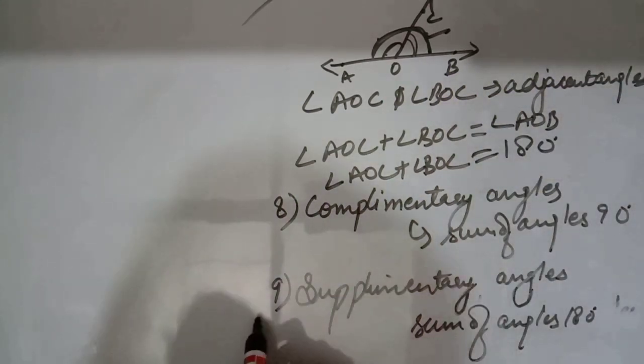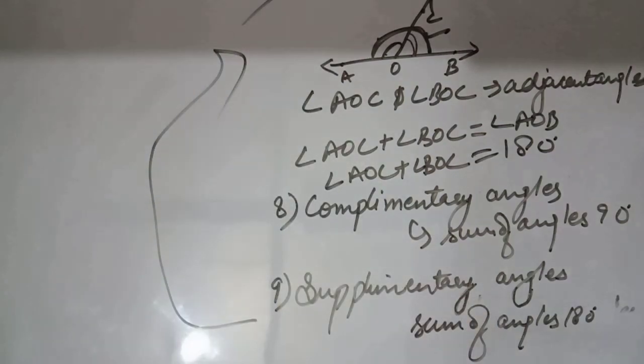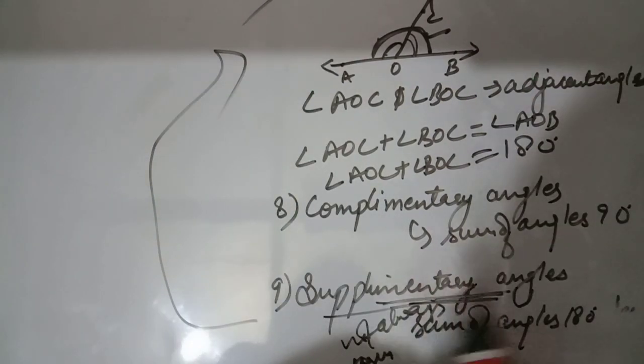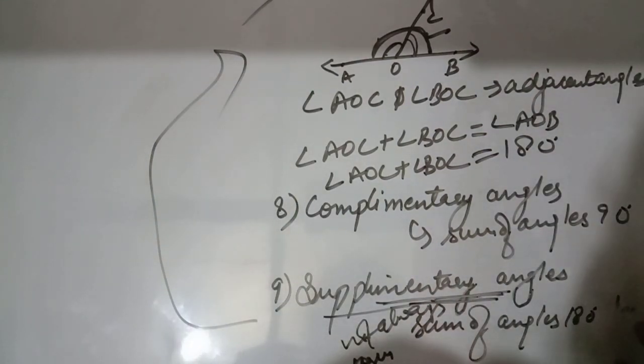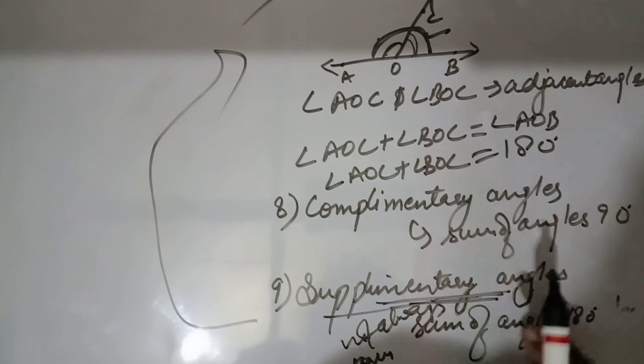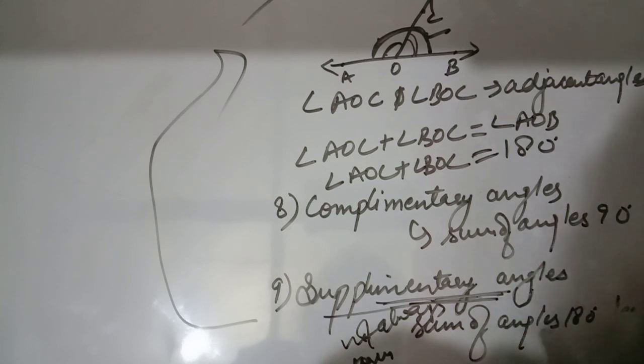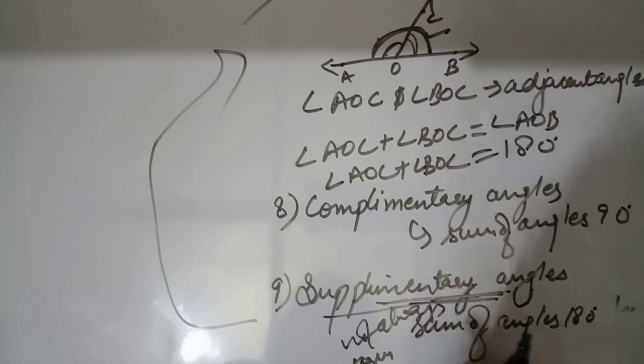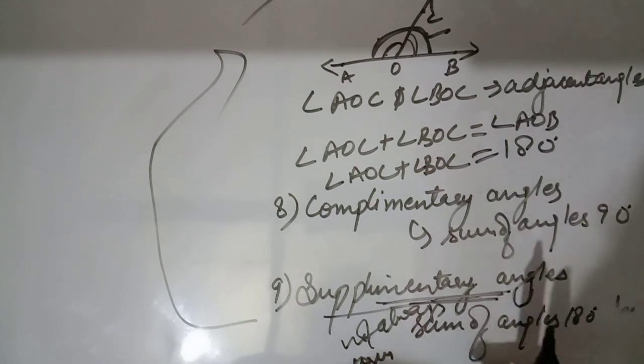Don't confuse it with the linear pair of angles. Supplementary angles can be two different angles with different arms. Okay? Whereas in a linear pair of angles, there will be one common arm.